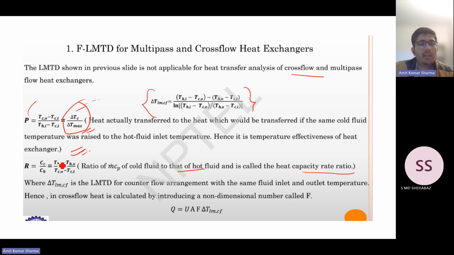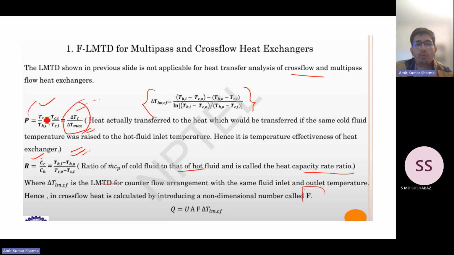Here delta T LMCF is the LMTD for the counterflow arrangement with the same fluid inlet and outlet temperatures. Hence, in cross flow, heat transfer is calculated by introducing a non-dimensional number F. We have to find the value of F using this P and R. I think we have solved a numerical on this.